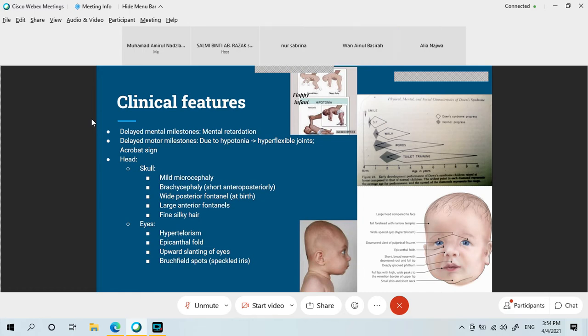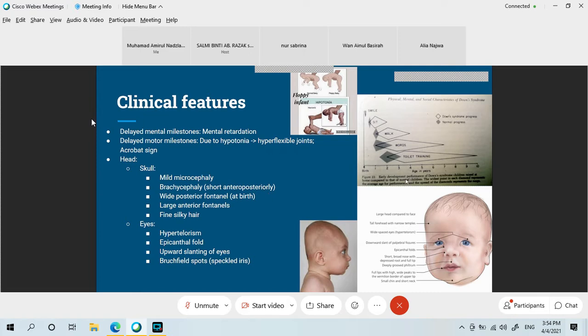So these are the clinical features of patients with Down syndrome. The patient will have delayed mental milestones and mental retardation. As you can see in the picture of the physical, mental and social characteristics of Down syndrome, the development of the patient is quite late.